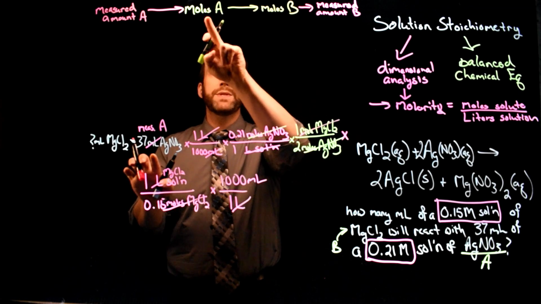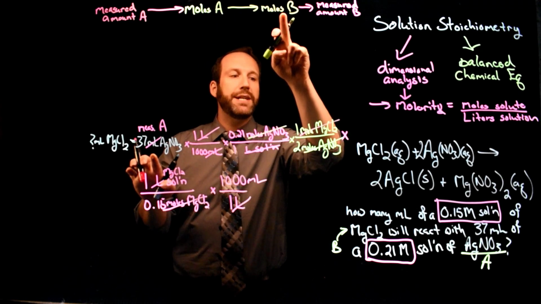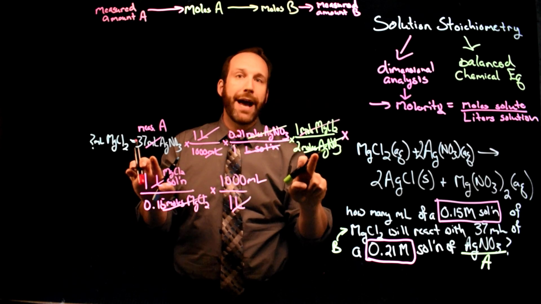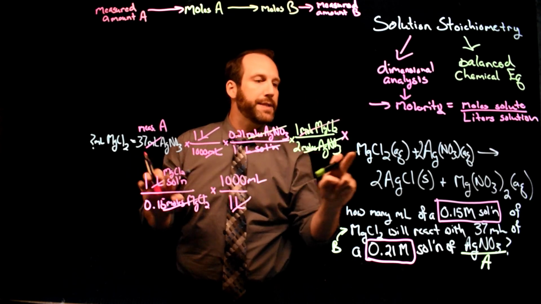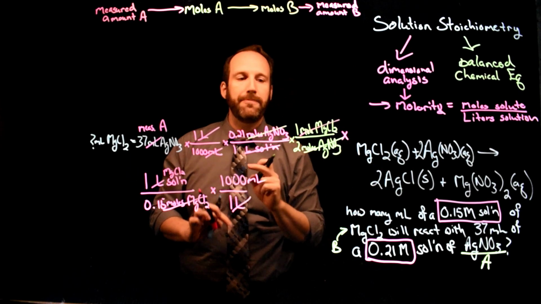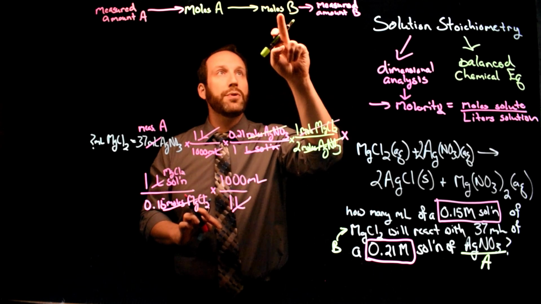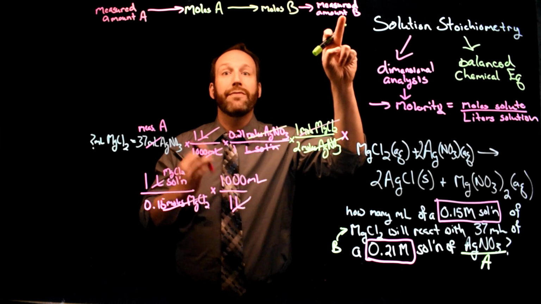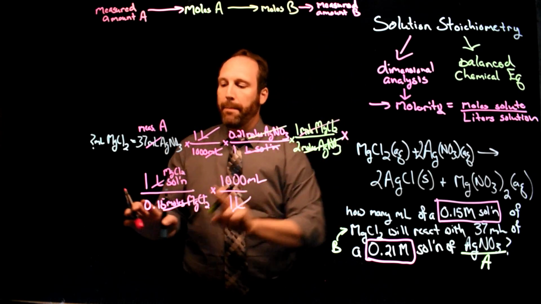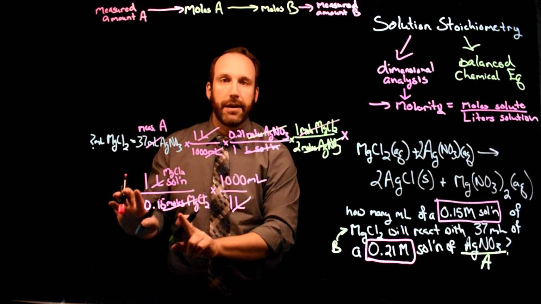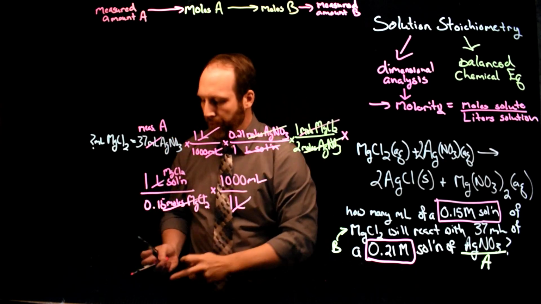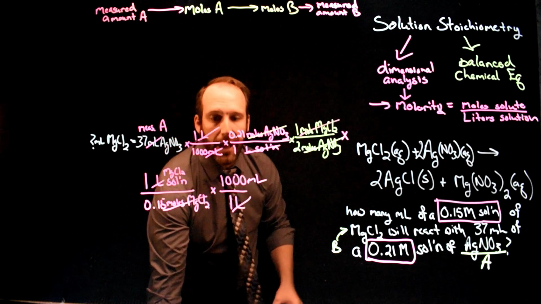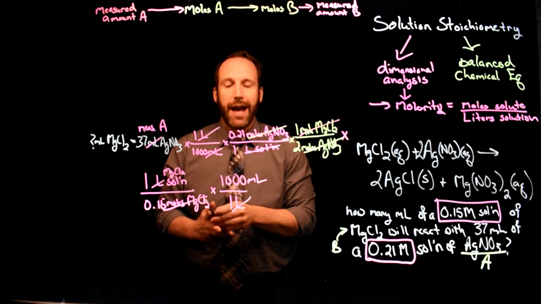I converted from moles of silver nitrate into moles of magnesium chloride by looking at the balanced chemical equation and seeing that it's a 1:2 ratio. And then I converted from moles of magnesium chloride into liters of magnesium chloride, or volume of magnesium chloride, by using the molarity of magnesium chloride. Okay? So now that I've set all that math up, I can just do that math on my calculator, right?